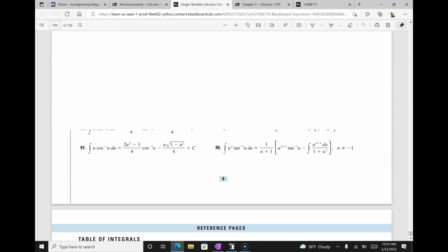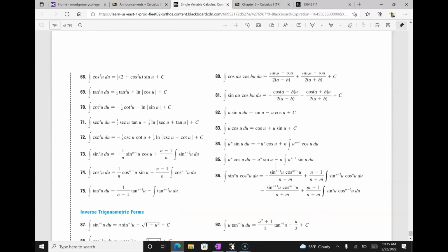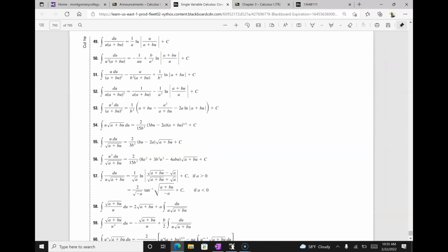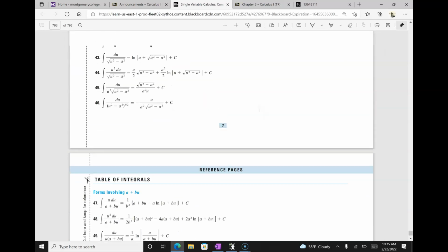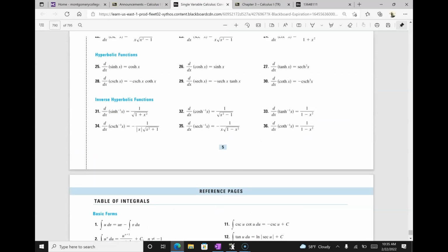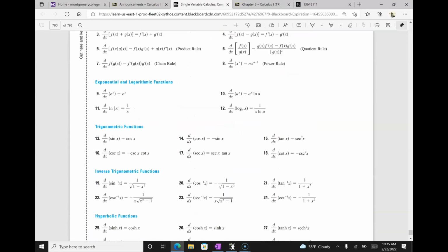There's a bunch of Calc 1 and Calc 2 stuff.